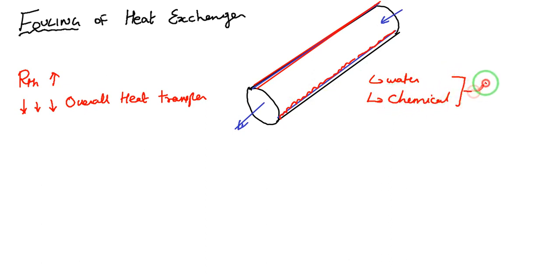The impurities in the fluid cause the pipe to get rusted or corroded. That factor, the rusting and corrosion of the surface of the wall of the heat exchanger, is called fouling. This is the theoretical definition we can give for fouling.